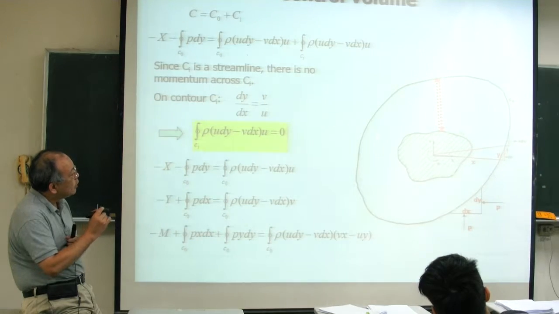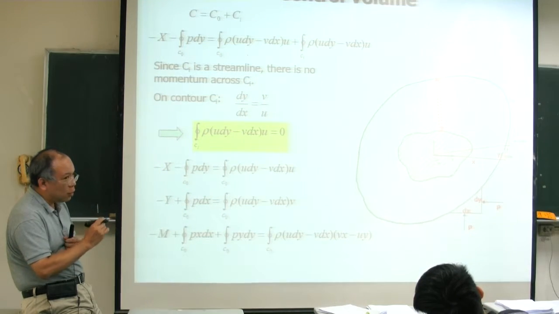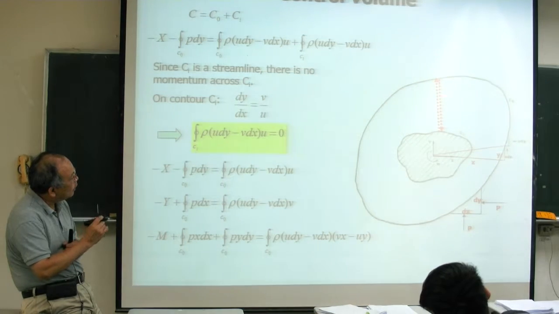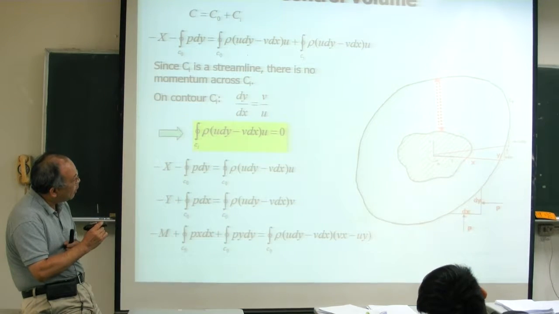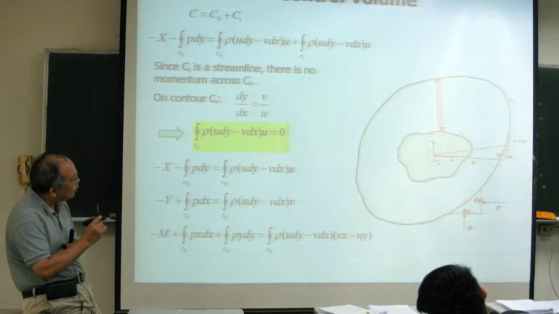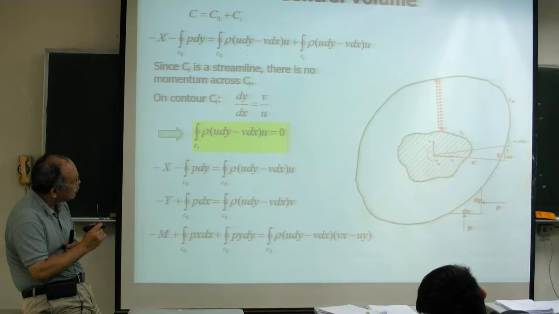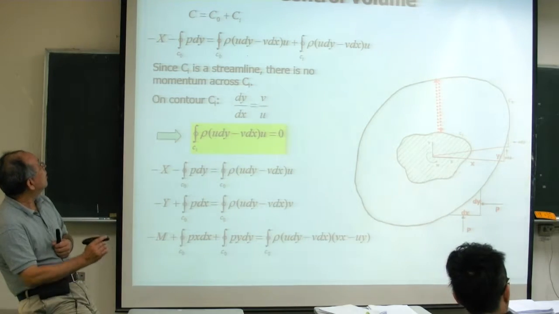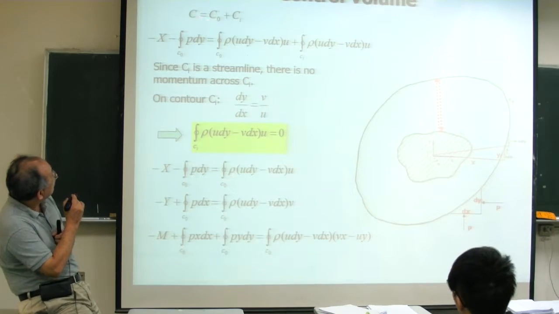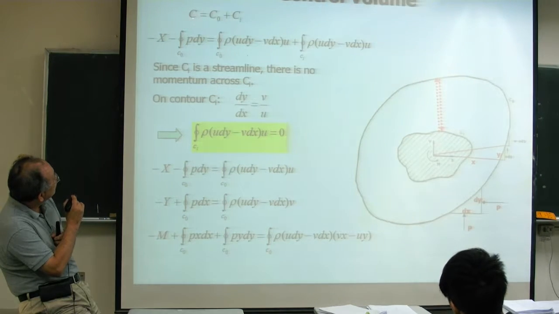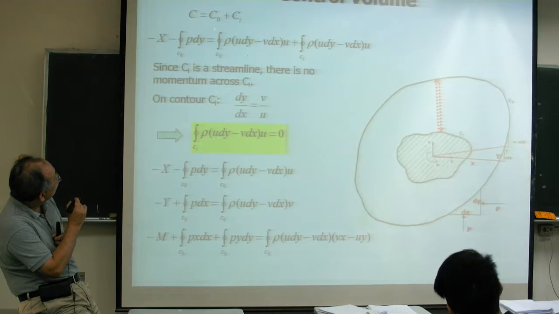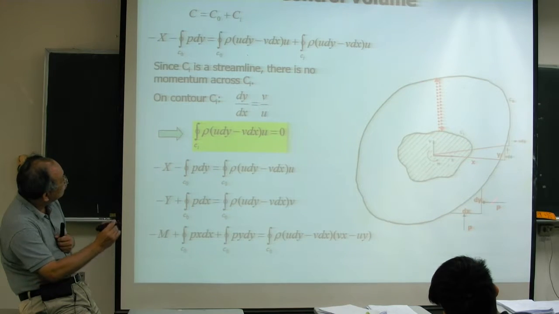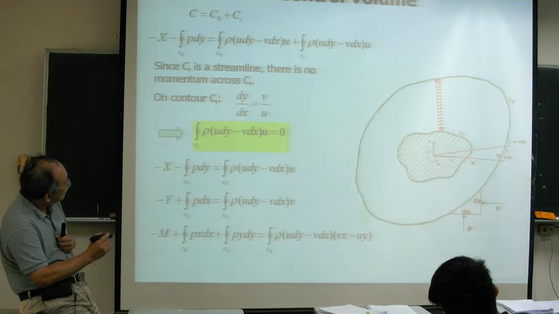Inside this control volume, we enclose only fluid, right? Inside here we have only fluid. The boundary is already excluded when I take this control surface here. So our closed loop contour C includes CO, this is CO here, the outside of the contour, and CI is here.